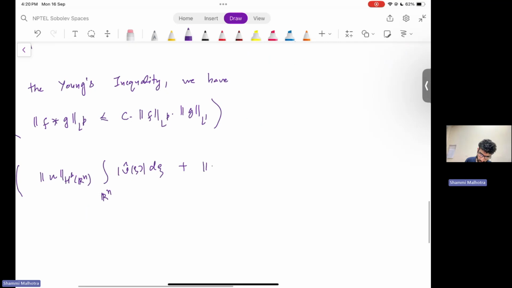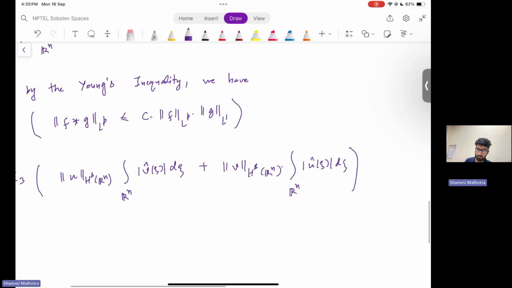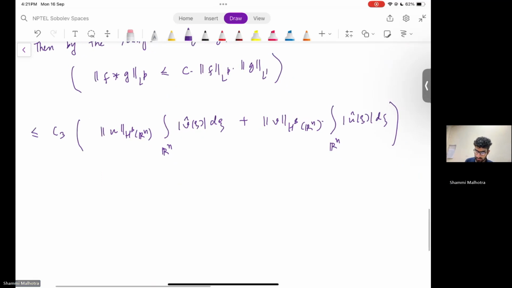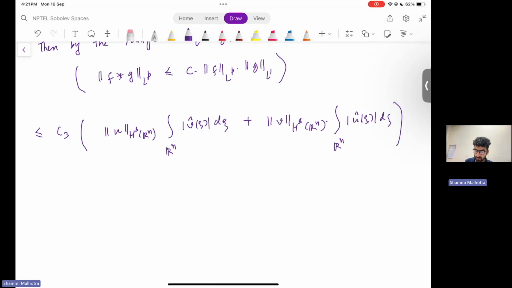It will be the H^s norm of v here, and then we have the integration over R^n of u hat xi, d xi. And if you observe closely, this is something which we did in the last tutorial, that this whole thing is bounded. So this is nothing but v at 0 only, and this is nothing but equal to u at 0 only.